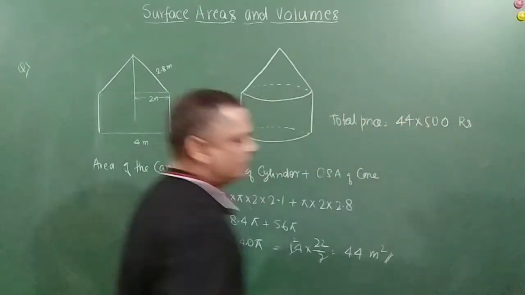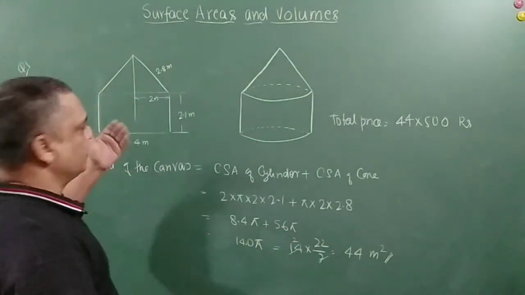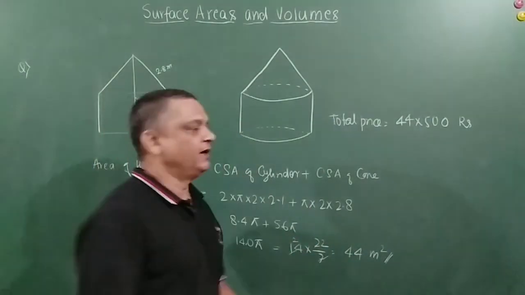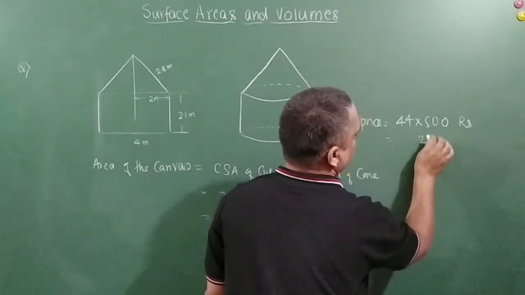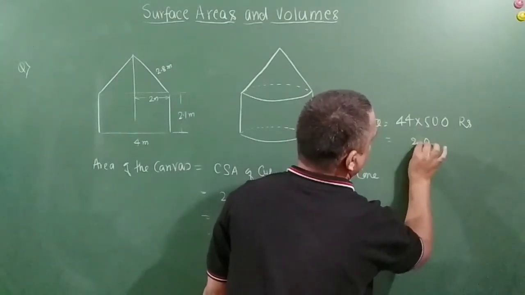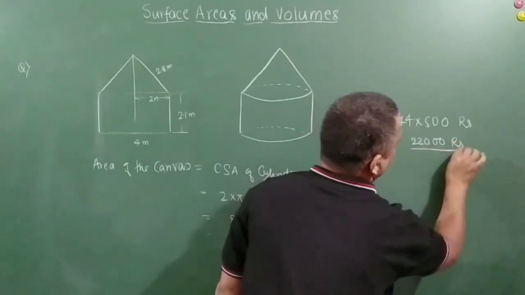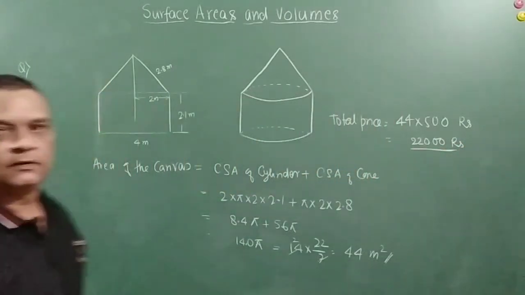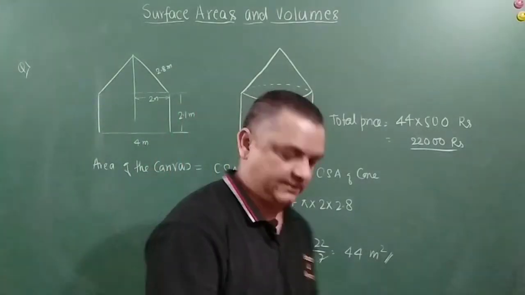I hope you have no confusion here. This is the area of the tent that I require, and the price is 500 rupees per meter square, right? So this becomes 22,000 rupees. Got it? So this was the problem. Let's move on to the next problem, friends. Correct?